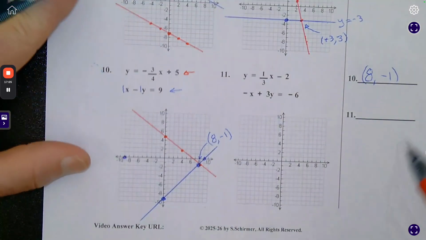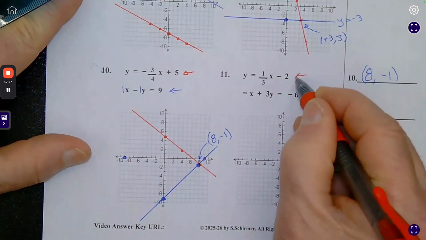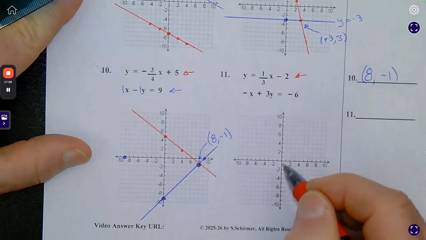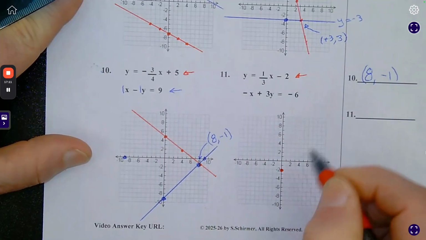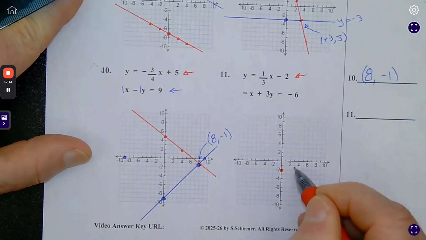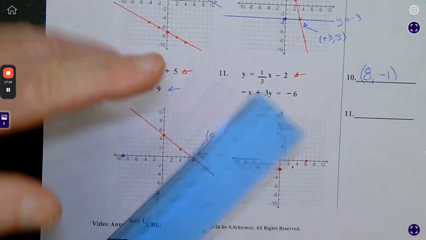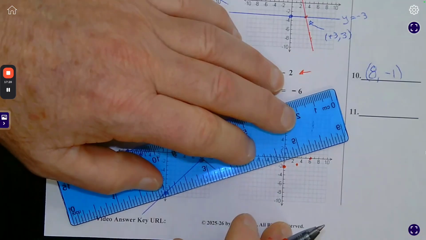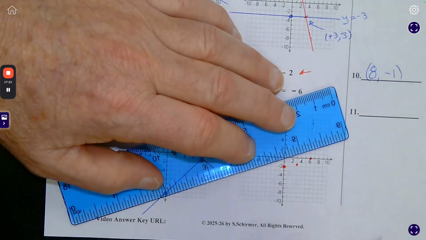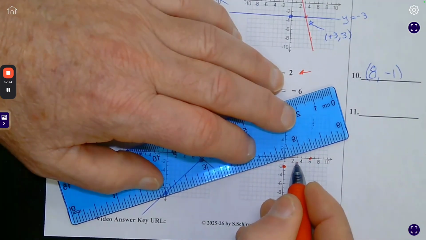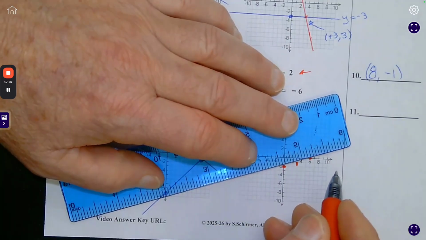Okay, now we're going to do the last one, my people. This has a y-intercept of -2 and a slope of up 1 over 3. Okay. Draw your line. I think this should have been right there instead. I was a little low on that.